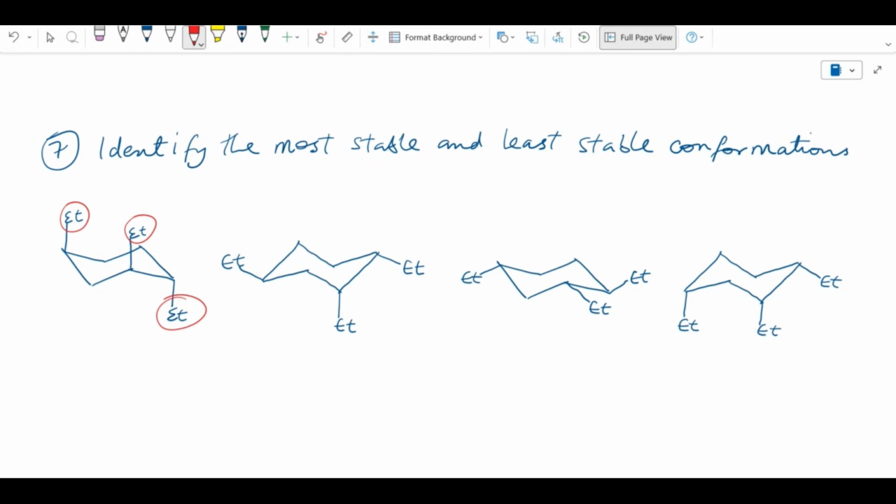So in the first molecule, there are 3 ethyl groups in axial position. So here we have 3. Here we have just 1. Here we have none. Here we have 2.